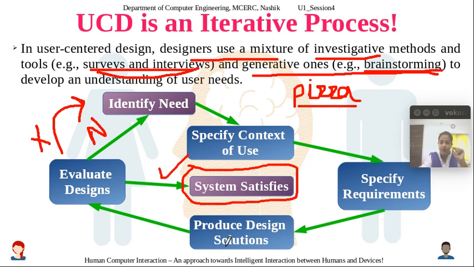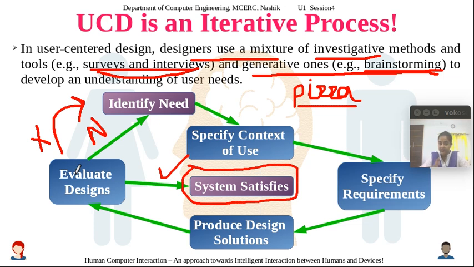Okay, now let us understand that they have developed the pizza in three varieties. One was vegetarian pizza, one non-veg pizza, and another was a combination of vegetables. After evaluating the designs against the requirements, what will happen? They will test that pizza, they will test its size.